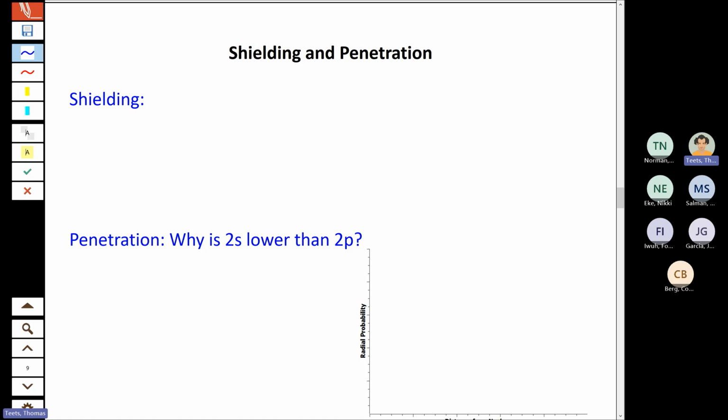So shielding is the idea that sometimes the nuclear charge experienced by an electron is reduced because of electrons that are closer to the nucleus than that one.